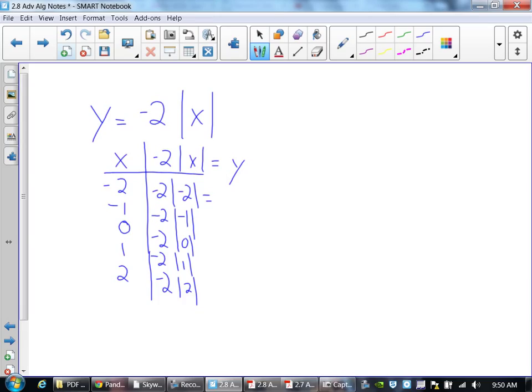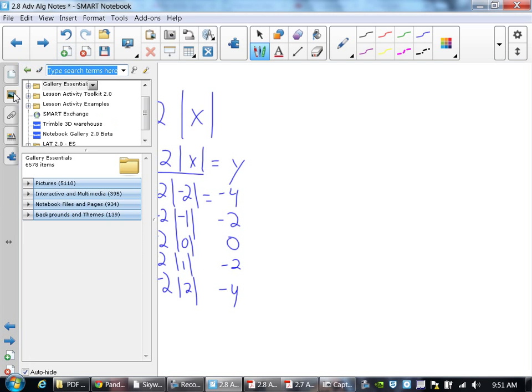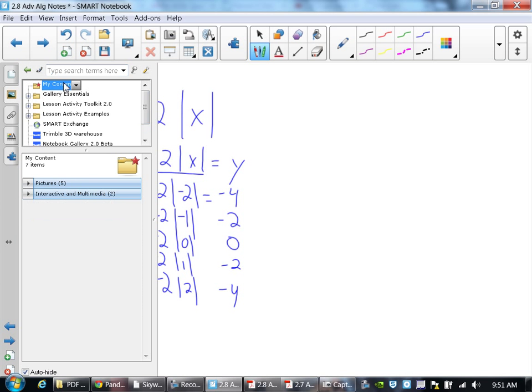So what's the absolute value of negative 2? Well, what's 2 times negative 2? Negative 4. So you go through it this way: negative 4, negative 2, 0, negative 2, and negative 4. And lo and behold, look what you did to your graph.